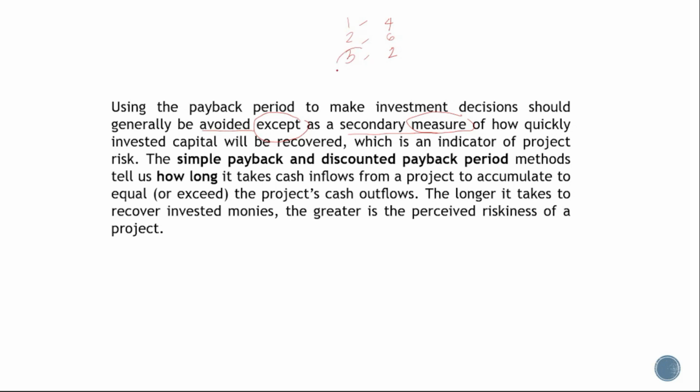So you choose the third alternative because its payback period is faster. As it says here, the longer it takes to recover invested monies, the greater is the perceived riskiness of a project. So, the longer the payback period, the riskier the project. So, payback period is only a secondary basis for evaluating a project.